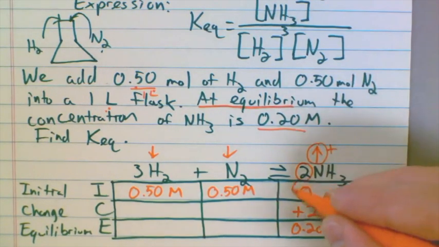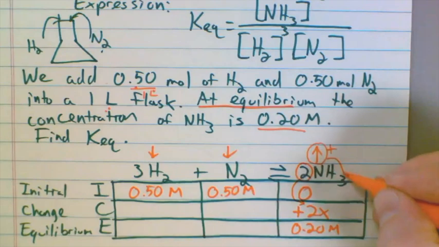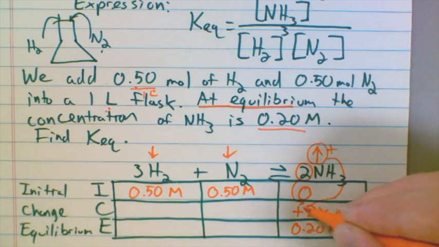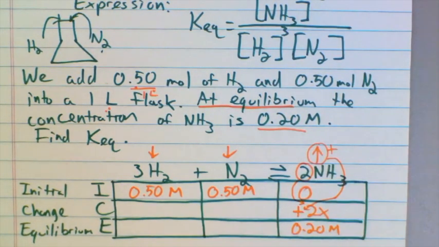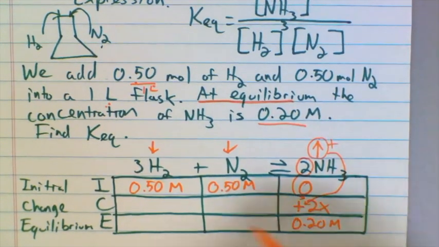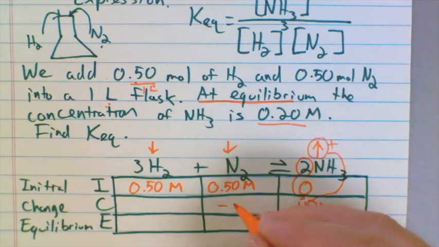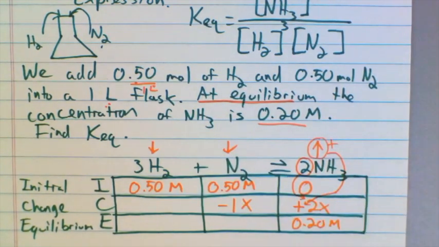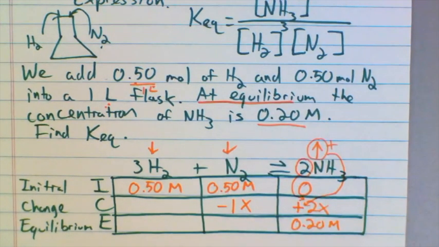So what is it going to be in this case? What do we call it? Yes, minus 1x. So it's just from the coefficient and then the arrow sign. And then this one?